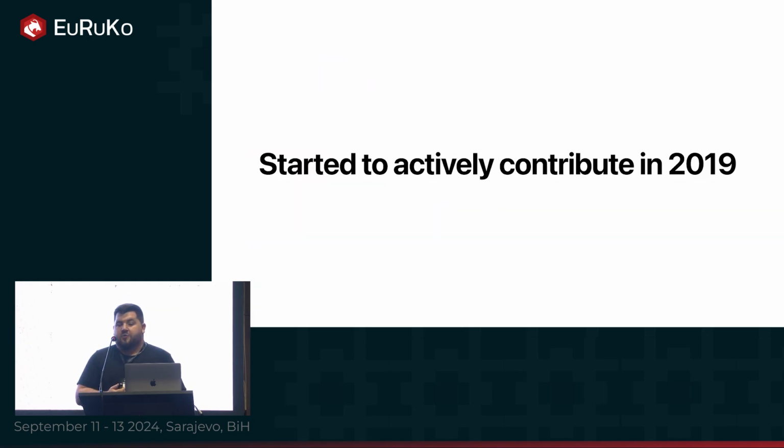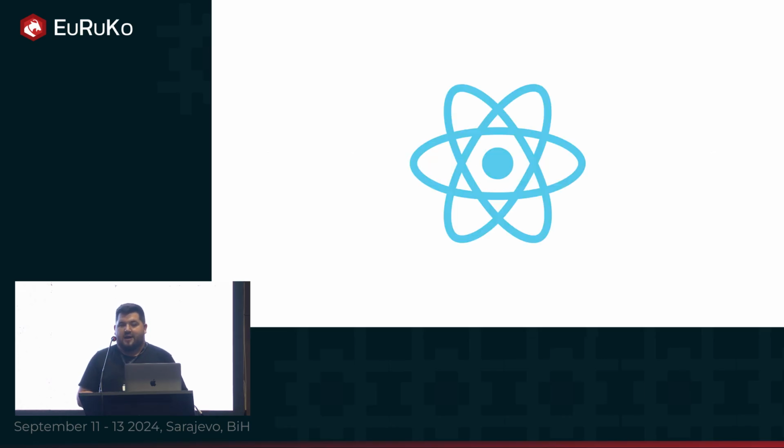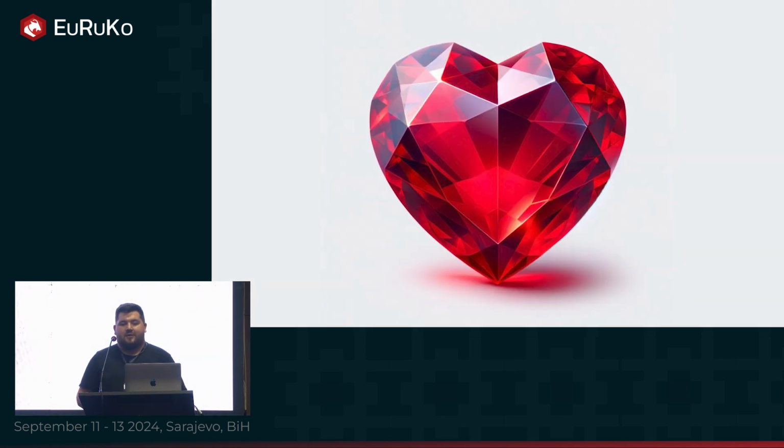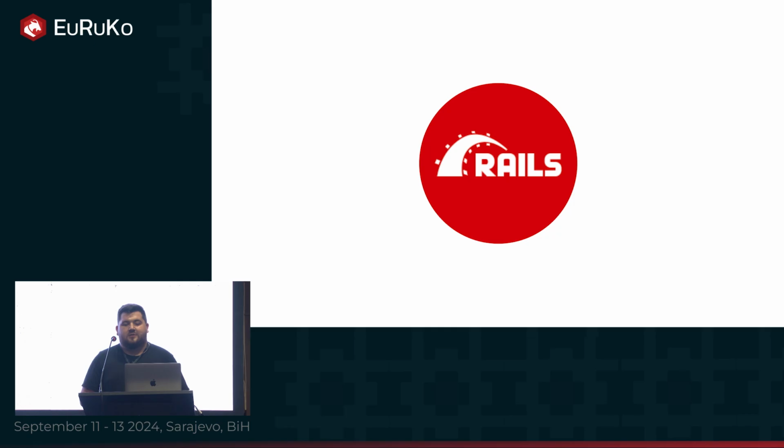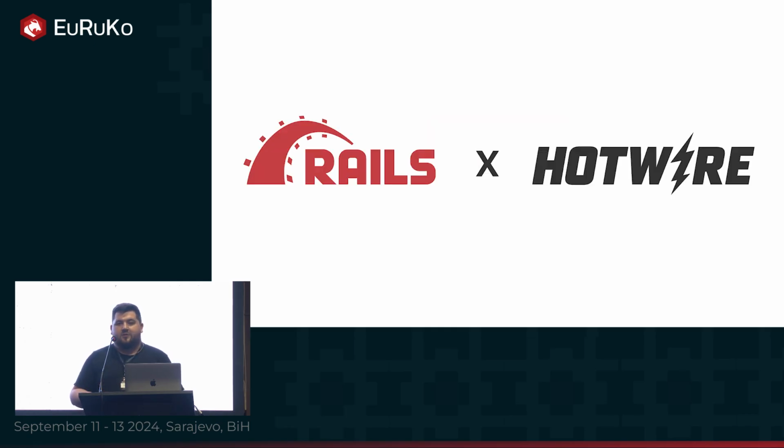So I actively started to contribute back in 2019, and I, at the time, was using React at a company. And I personally like React. It's more about the architecture around it usually that's really what bothers me or what makes it super complex for me to understand what's going on. So quite frankly, I had enough of doing that kind of work, and I wanted to get back to Ruby and writing actual Ruby code, writing Rails code, and also more importantly, writing Rails and Hotwire code in the same code base.